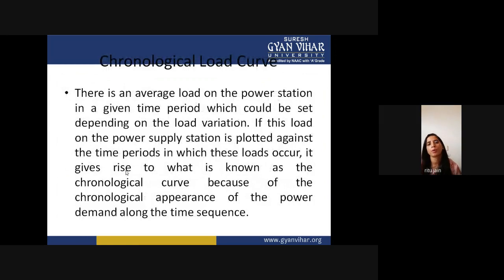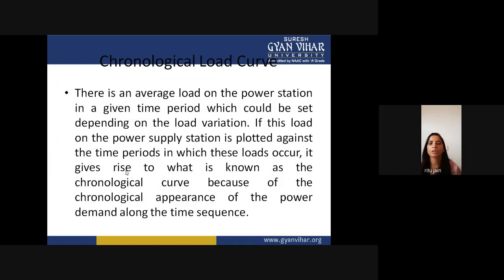Next, we come to the chronological load curve. It is also important. We have already seen the formula of average load. The average load on the power station in a given time period depends on the load variation.